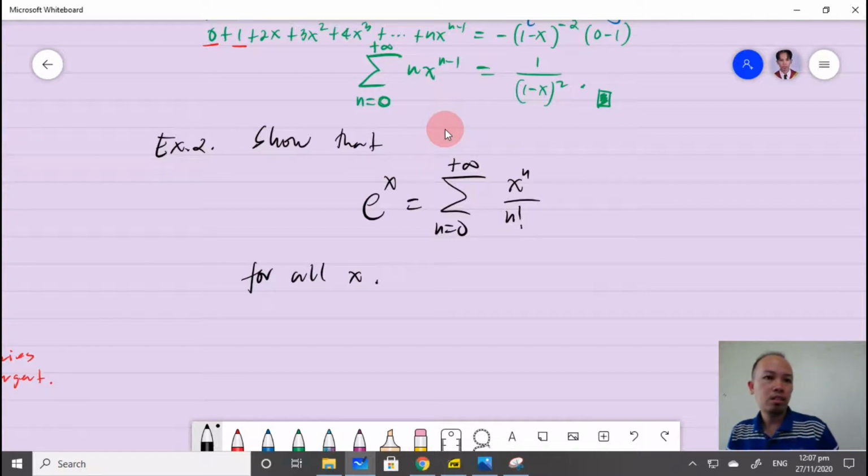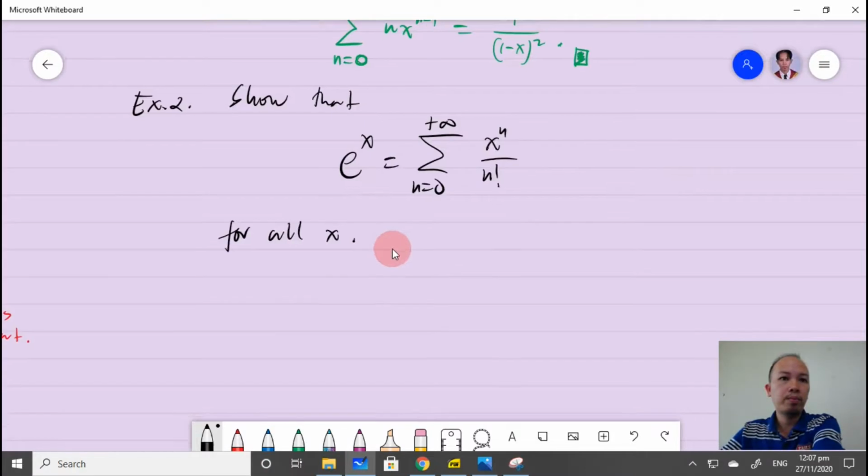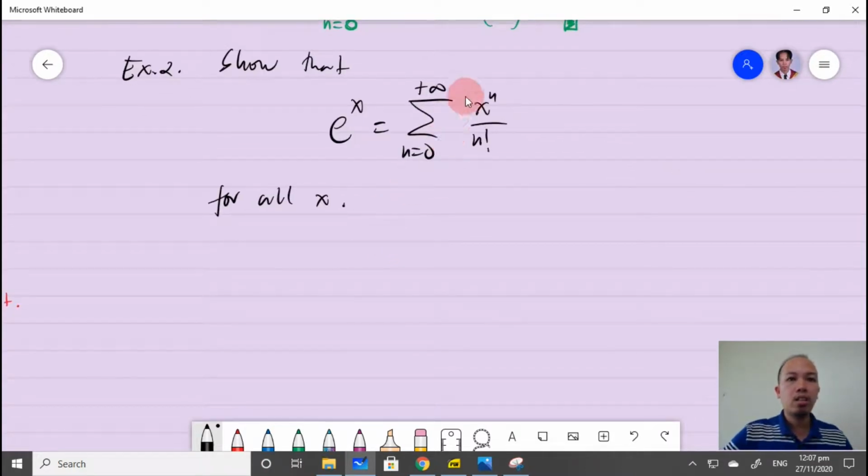Okay, meaning to say we know that the domain of the exponential function is the set of real numbers. So let's try to show that indeed this series here is equal to this function. Okay, solution.